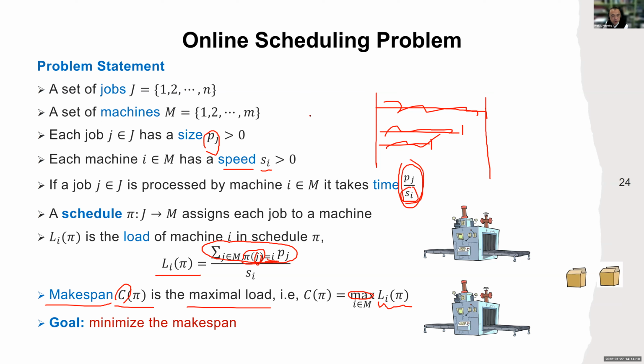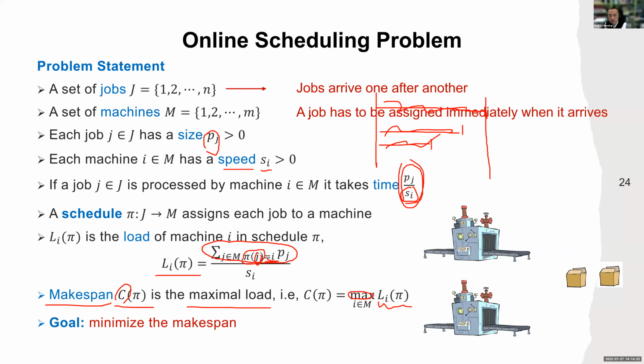Okay, so online problem says what? Says that jobs arrive one after another, and after it arrives, it needs to be assigned right away to some machine. The number of jobs or the size of future jobs will not be known to you until they arrive.